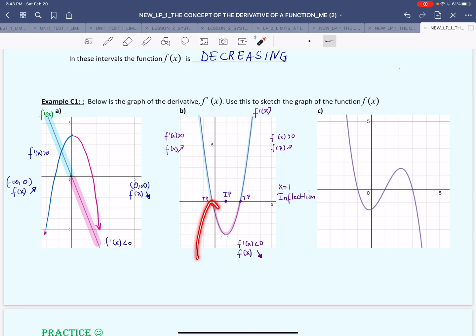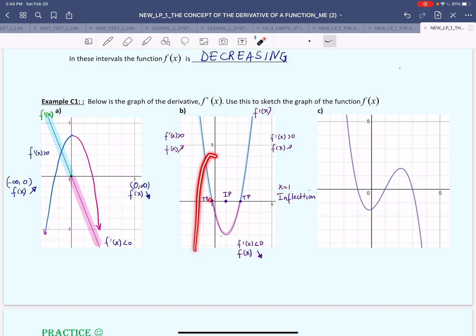And increasing, and right here making a turn somewhere. Now you can make the turn actually at this point, right? But then we know that right here we're going to have an inflection point, okay? And then we'll have another turning point here. So it's going to be hard for us to meet the graph. So we're going to say maybe we should go ahead and increase all the way here.